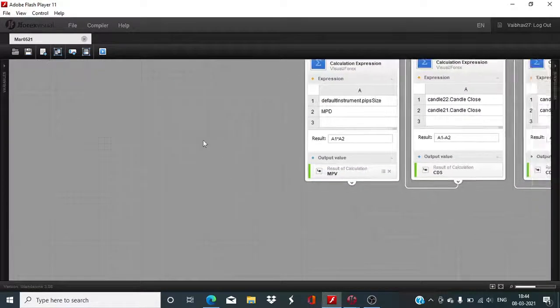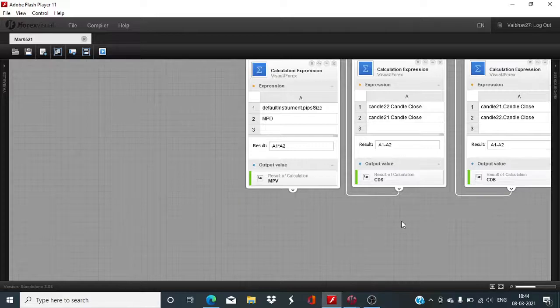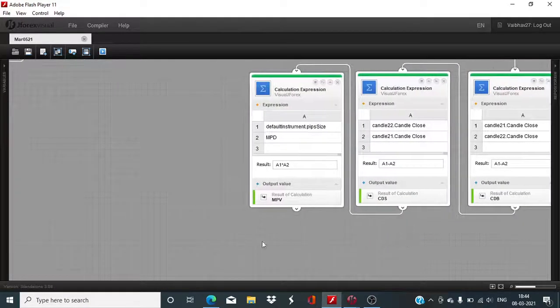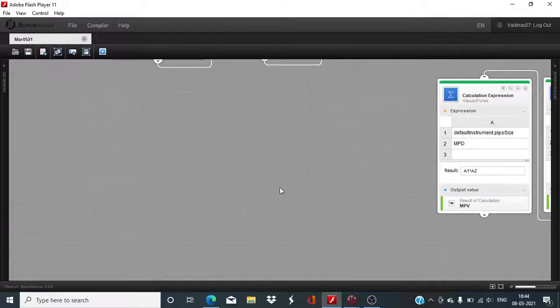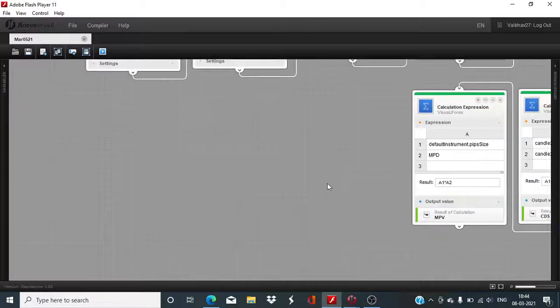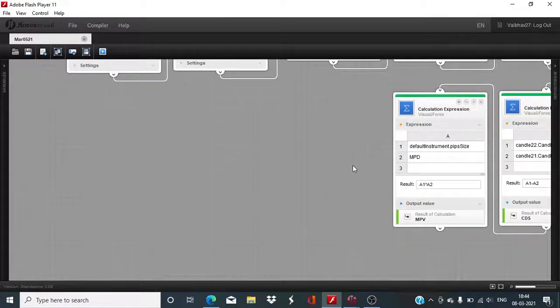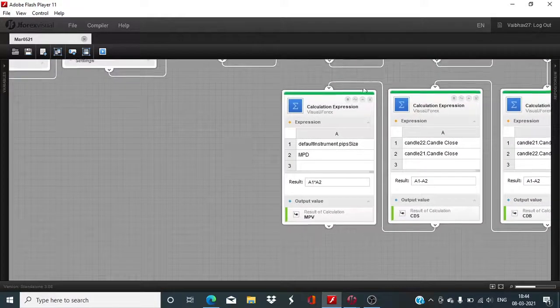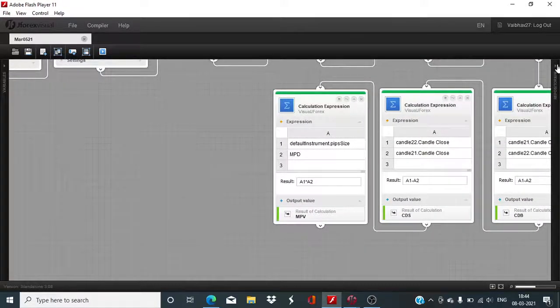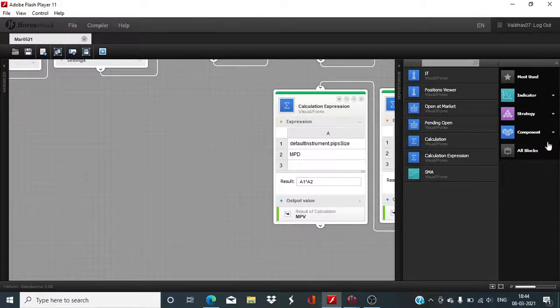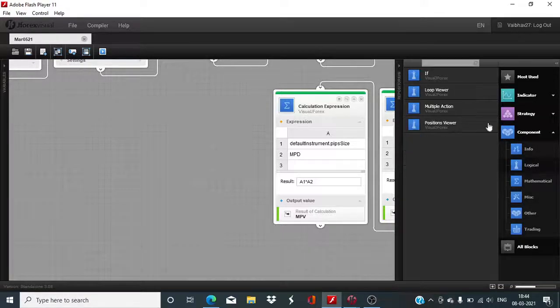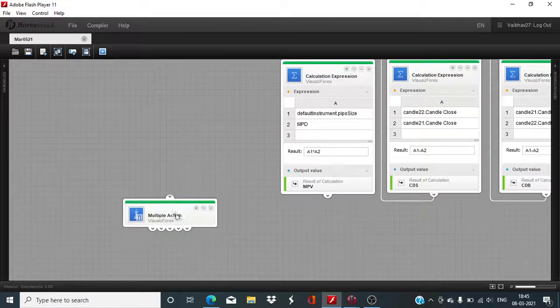Now we can start to add the conditions for the buy side, and again I will have to come back and add a couple of calculation expressions, but for the time being we get started with the multiple action and then add if blocks for defining the requirements, and then as and when required we'll come back to carry out some calculations.